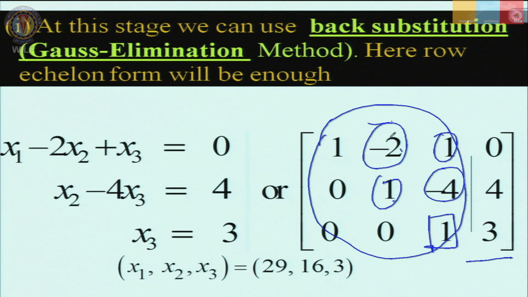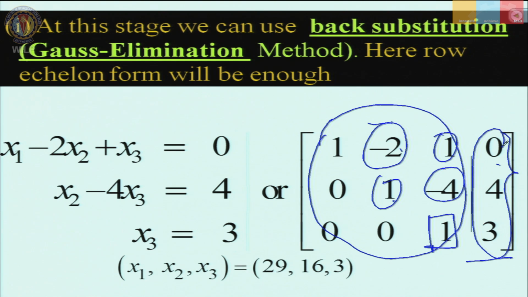Remember one very important thing: whatever elementary operations you are applying on the rows of the matrix A, the same operation must be applied at the same time on the elements of this matrix B also. What is the meaning?